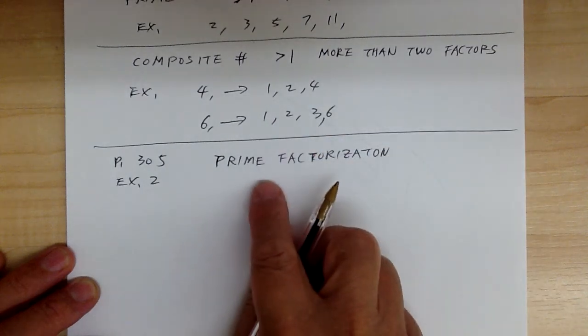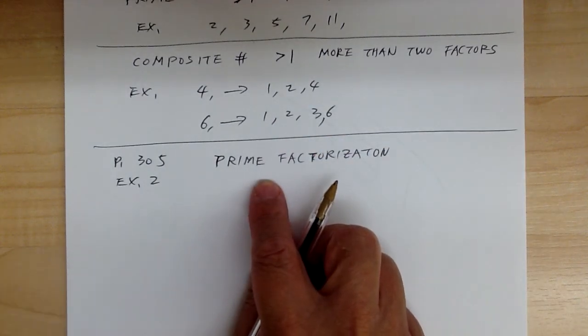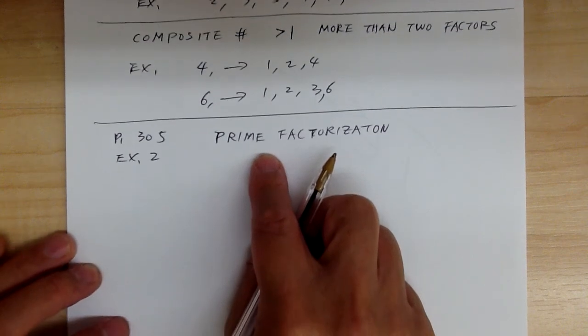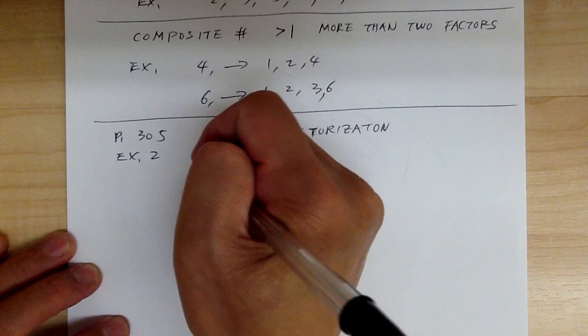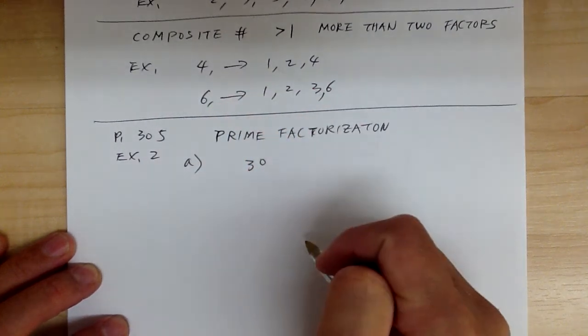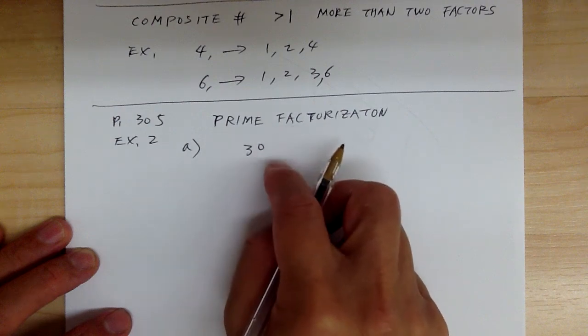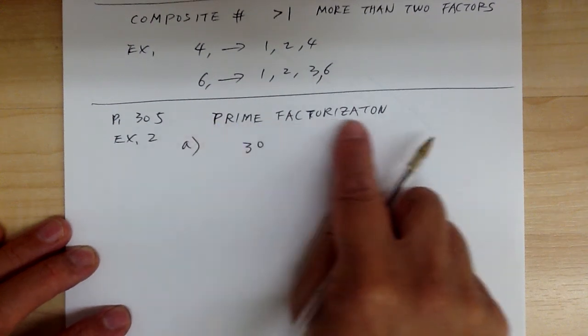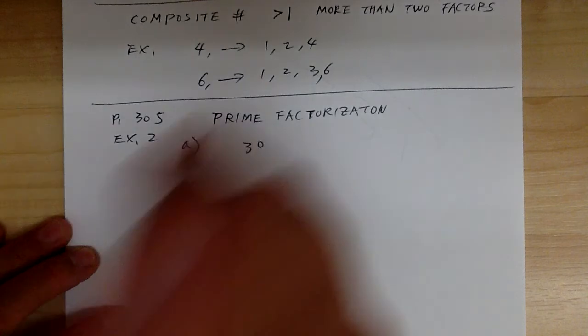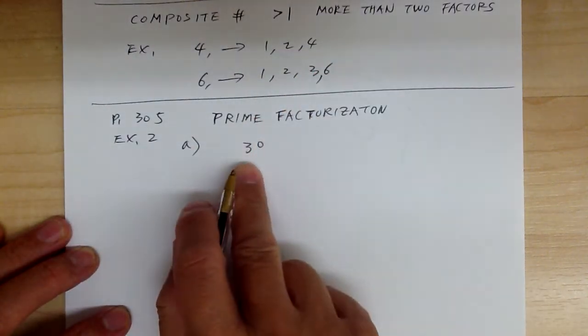Prime factorization means you want to figure out what a number is made of using the prime numbers. For example 2A, you have 30. You want to break it down into prime numbers. Think of prime numbers like your ingredients, so you want to find out what this is made of.